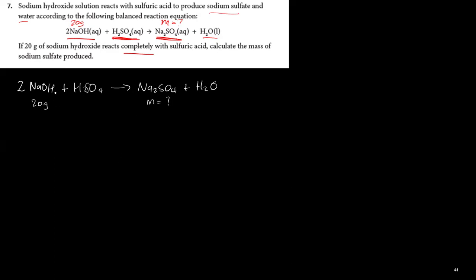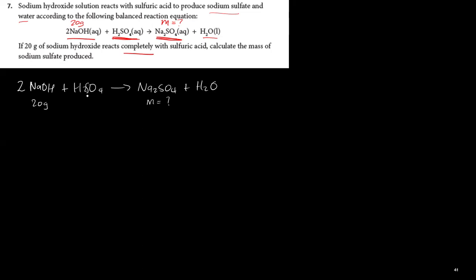Now, for a fact that they said sodium hydroxide reacts completely, that means sodium hydroxide is called the limiting reagent. What does that mean? That means we can use that sodium hydroxide to calculate the number of moles of everything that we see on this equation.